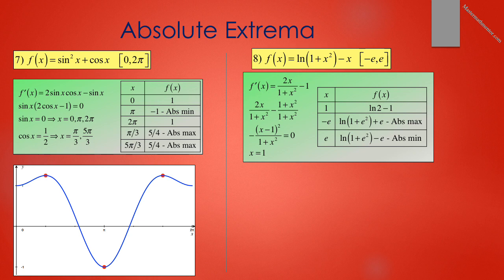And at x is equal to e, we have f of x is equal to the natural log of 1 plus e squared, minus e. So the largest of these values is the natural log of 1 plus e squared plus e at x equals negative e. And the smallest is the natural log of 1 plus e squared minus e at x equals e.